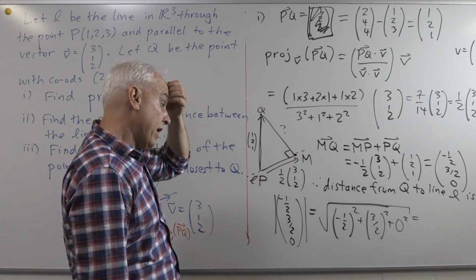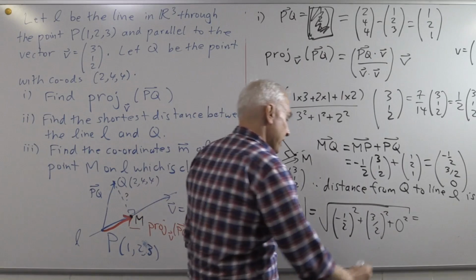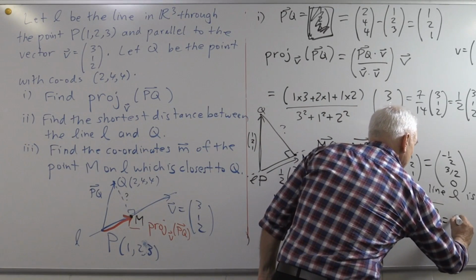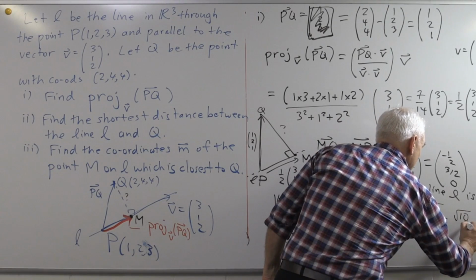For a total of 1/4 plus 9/4, that's 10/4, which I suppose we can write as root 10 over 2.